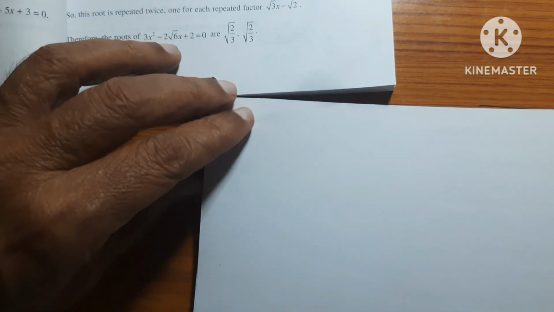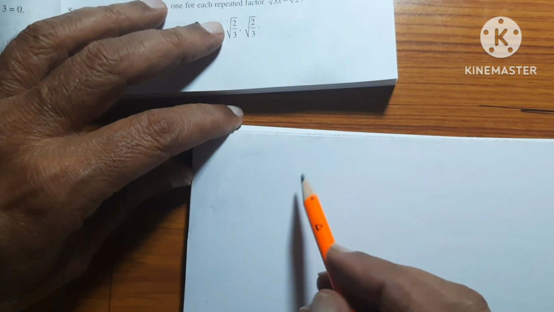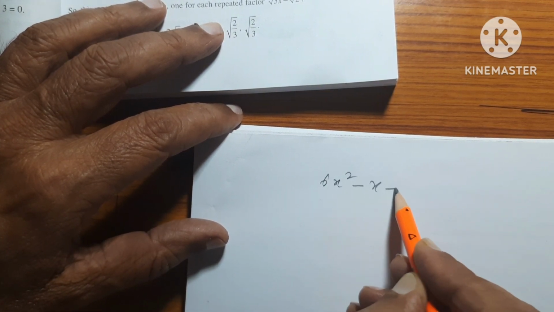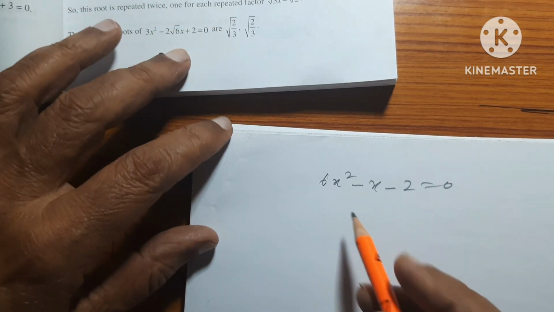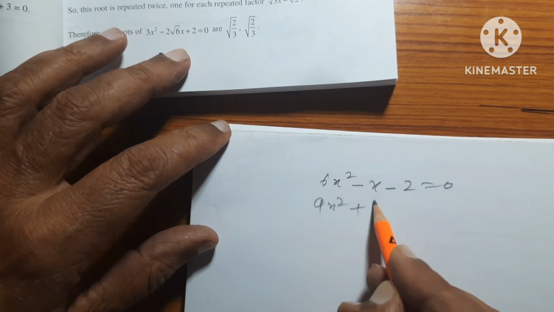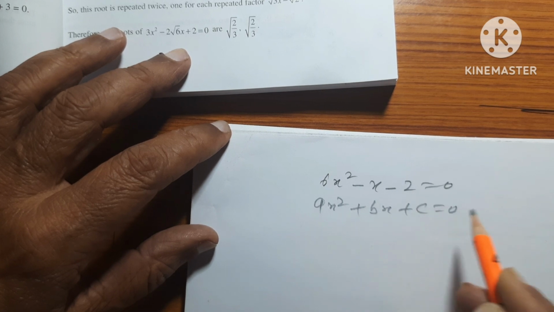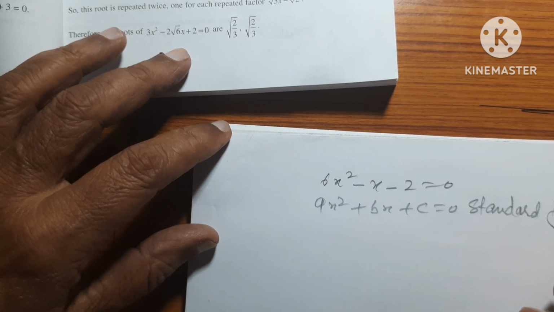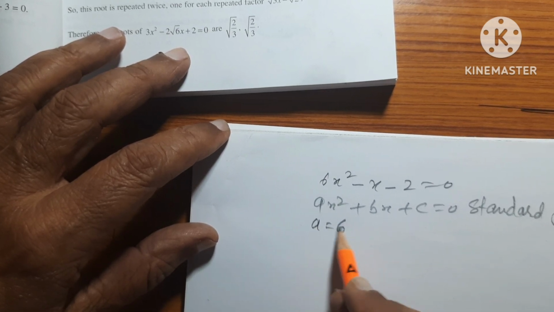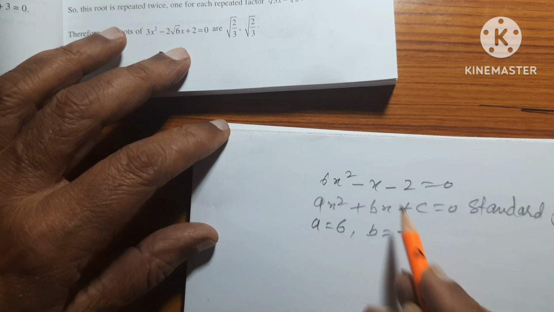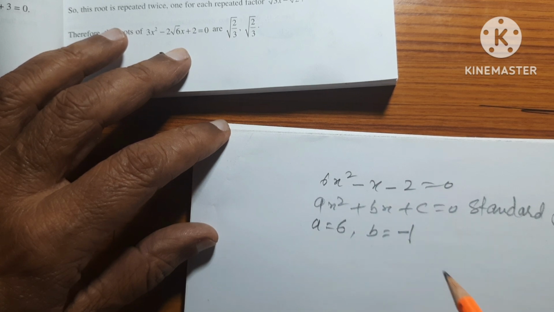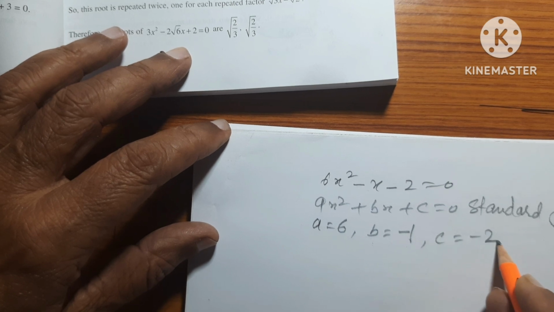Another example is 6x square minus x minus 2 is equal to 0. ax square plus bx plus c is equal to 0 is the standard form. a is equal to 6, b is equal to minus 1. When there is no coefficient of x, that means 1 is always the coefficient. b is equal to minus 1 and c is equal to minus 2.